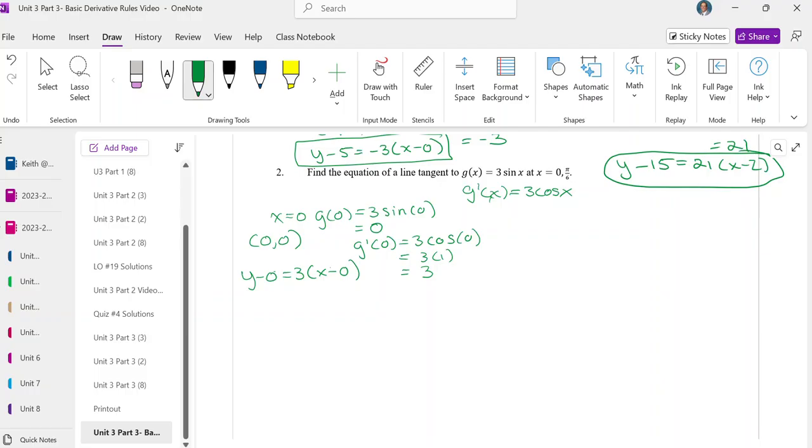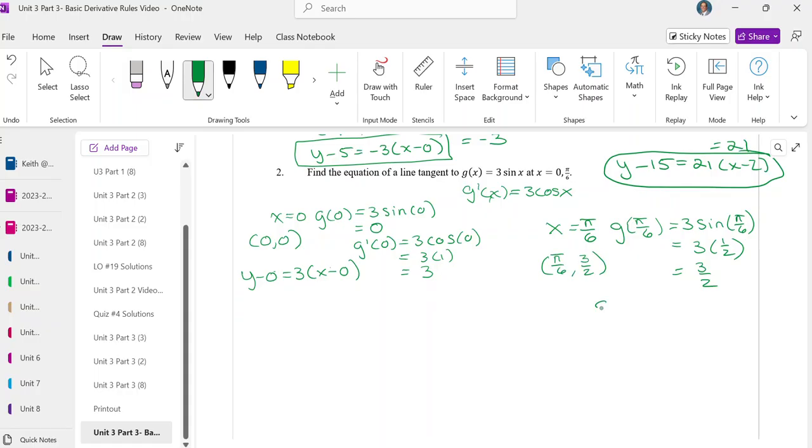And last but not least, for the next one, when x equals pi over 6, so g of pi over 6 equals 3 times the sine of pi over 6. Well, the sine of pi over 6 is 1/2. 3 times 1/2 is 3/2. So the point is pi over 6, comma 3/2.